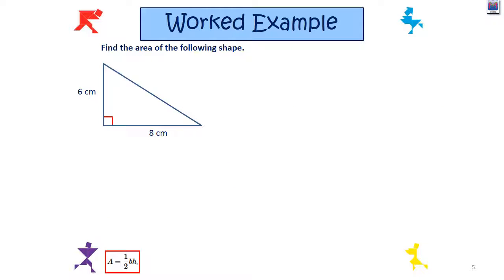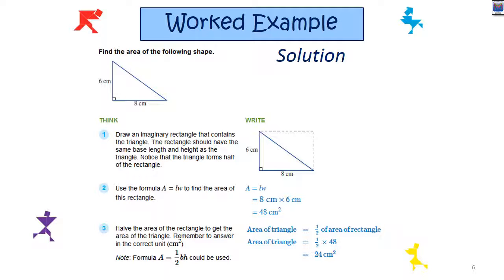Let's try an example. This one here, 8 can be my base, 6 can be my height. All right, let's look at the setting out. Here we go. Area of a triangle. Now, in this scenario here, we've worked it out as the area of a rectangle and then halved it.